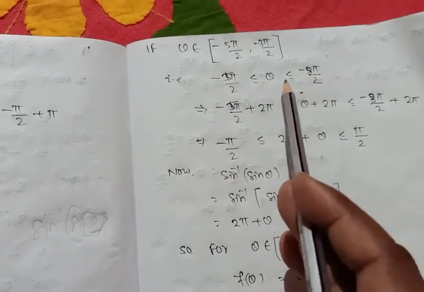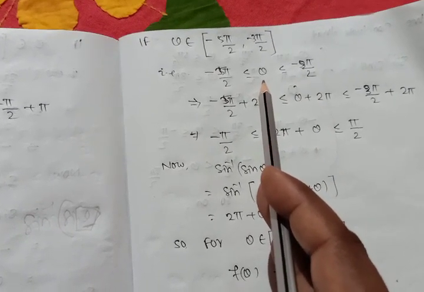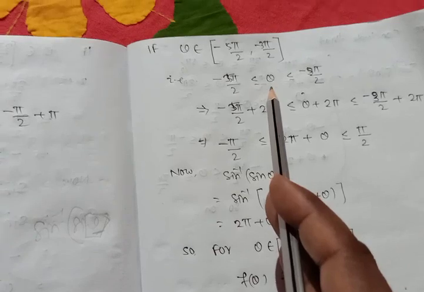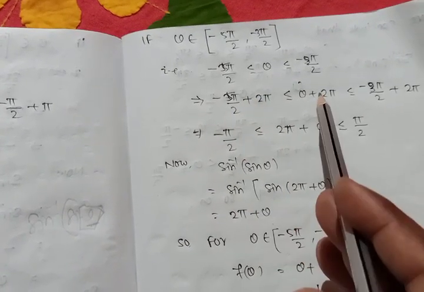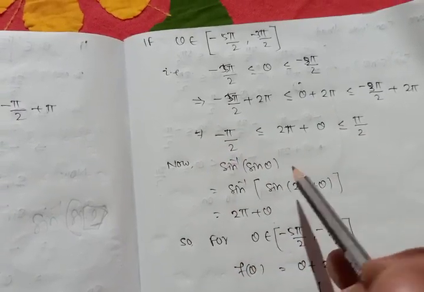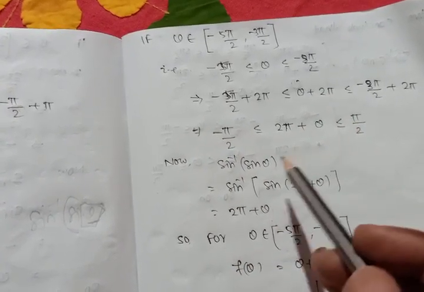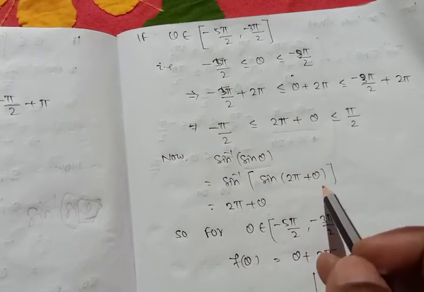Then what should we add to this value so that the result is in between minus pi by 2 and pi by 2? We must add 2 pi to each term. We get 2 pi plus theta is greater than or equal to minus pi by 2 and less than or equal to pi by 2. The same concept, in place of sine theta you put this value, sine of 2 pi plus theta.